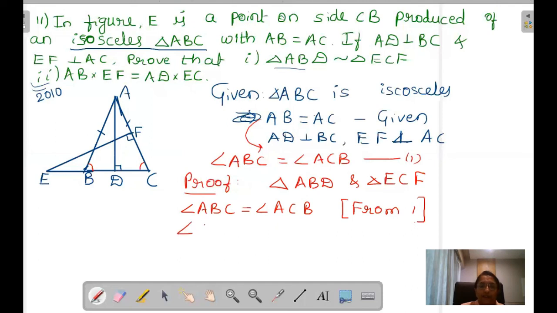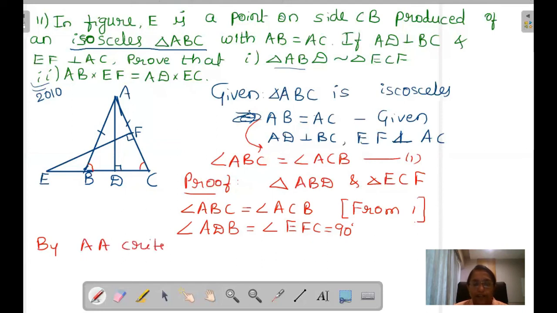So angle ADB is equal to angle EFC is equal to 90 degrees. So by AA criteria of similarity, triangle ABD is similar to triangle ECF.